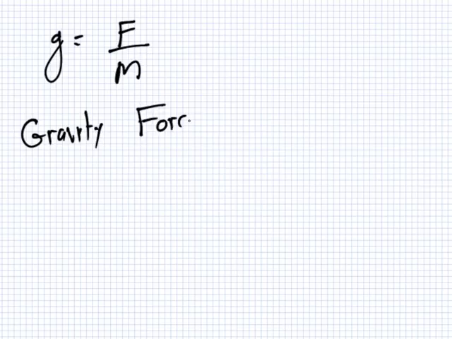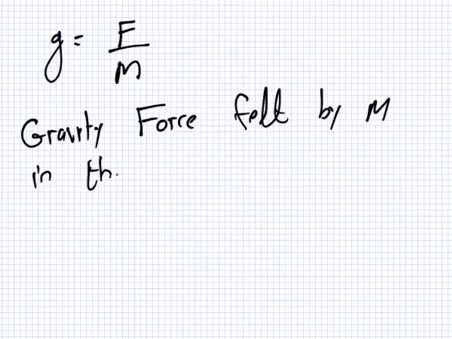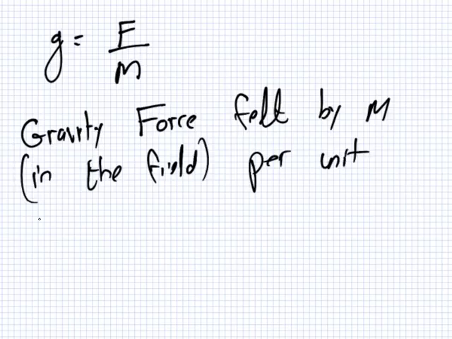Gravity force felt by m in the field per unit mass. You know, so the idea is you have a big M and then you have a small m.